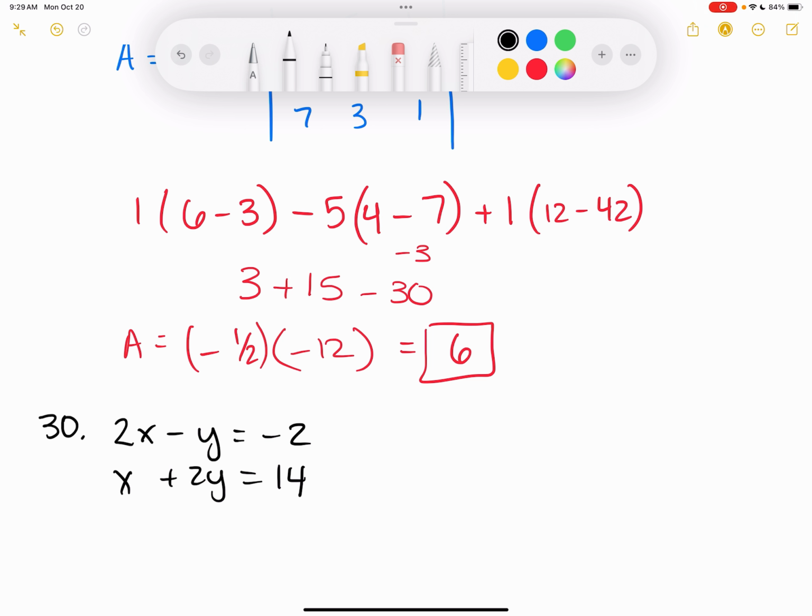So that matrix, I'm just going to call it matrix A, is going to be 2, -1, 1, 2. So it's the numbers in front of the x and y values. And I need to find the determinant of this. So the determinant of A would be what?